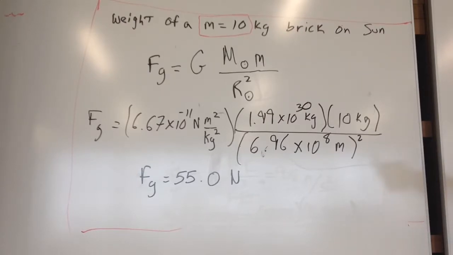How does that compare to the weight of our brick on Earth? It's a lot lighter. Does that meet or defy your expectations? Why? Well, we know astronauts going on the moon were lighter, so it makes sense that if a brick goes up there, it'll be lighter as well.